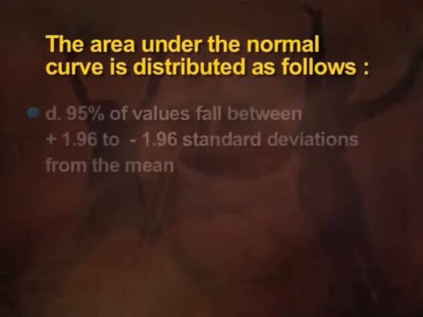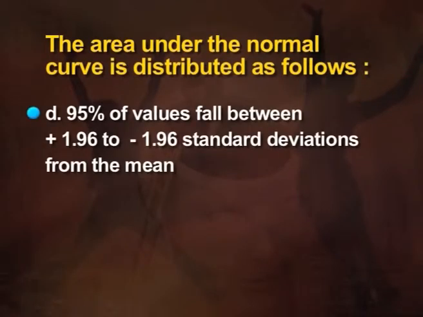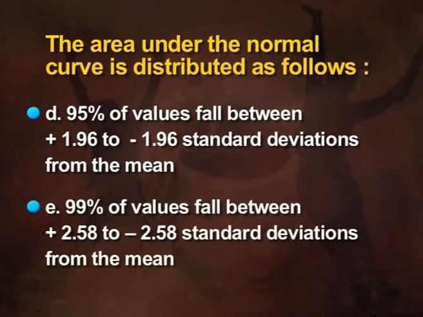This also indicates that 95% of values fall between plus 1.96 and minus 1.96 standard deviations from the mean, and 99% of the values fall between plus 2.58 and minus 2.58 standard deviations from the mean.